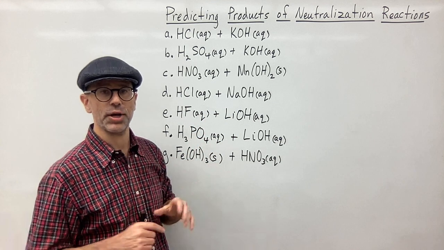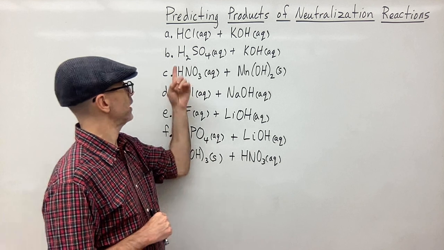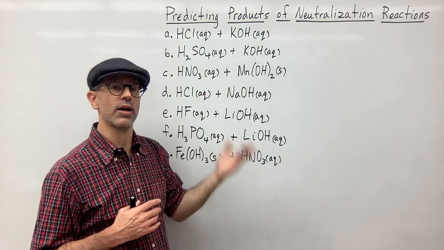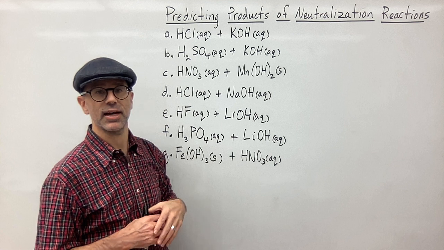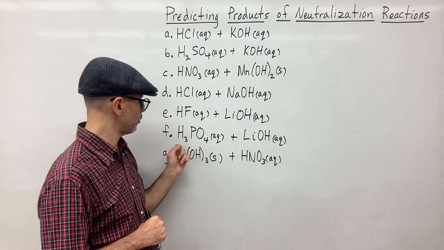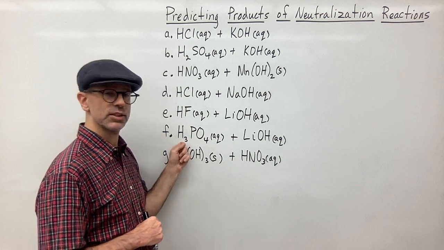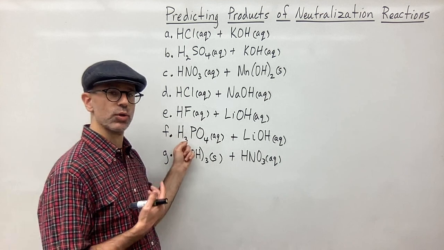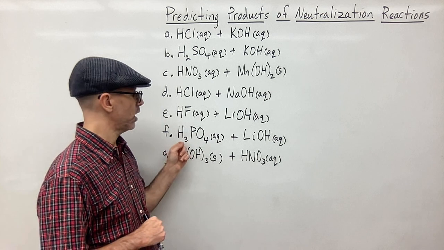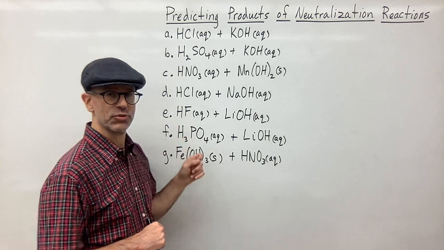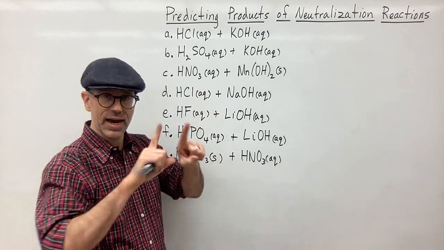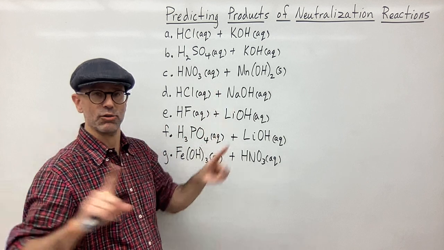So we're not going to worry about, for example, in your H2SO4, is only one hydrogen going to react, or is both of them going to react? In this H3PO4, is all of these three going to react? Only two, only one? We're going to ignore that sort of question, and we're going to assume that all of the hydrogens react. Okay, so in that way, we can do our inside ions go together, our outside ions go together.